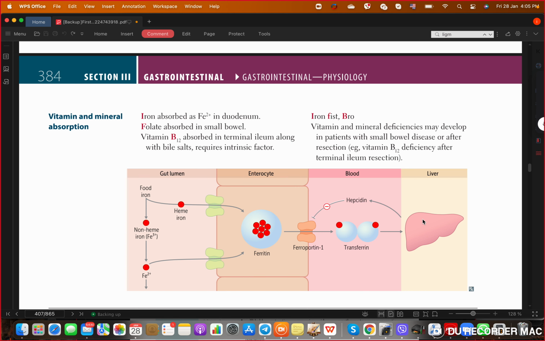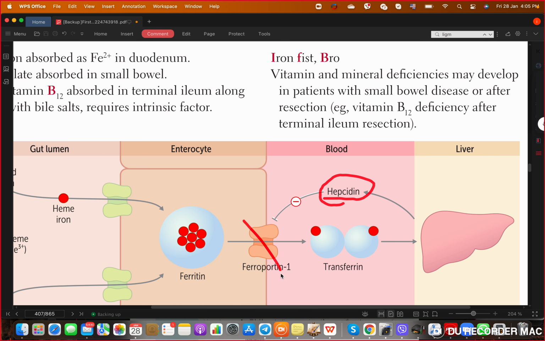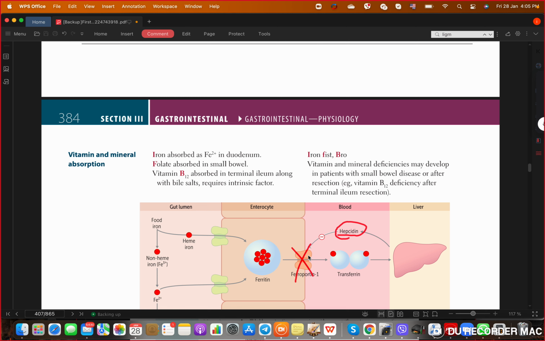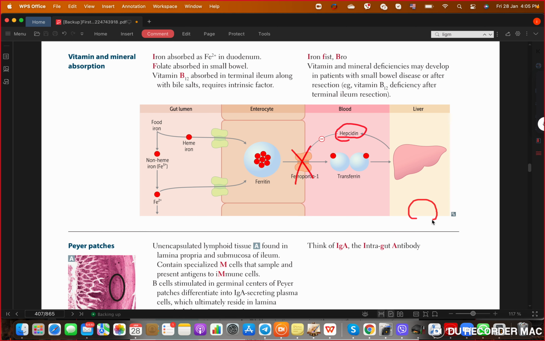Transporter, okay. So there is something called acute phase reactants, which are substances produced in case of really bad inflammatory conditions. One of them is called hepcidin. Hepcidin blocks the ferroportin here, and also the ferroportin located on the macrophages, which release iron.